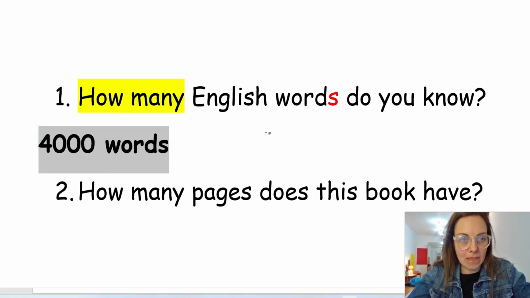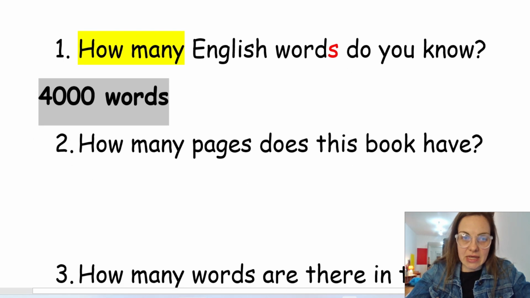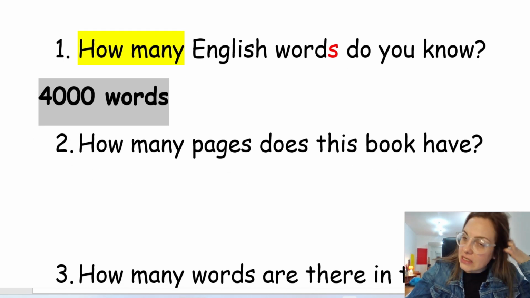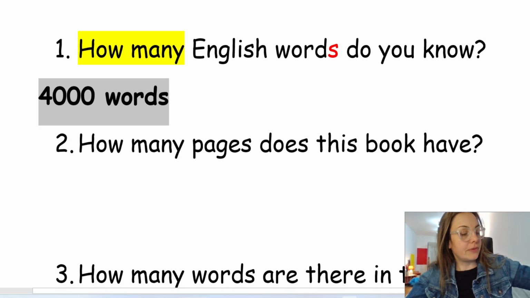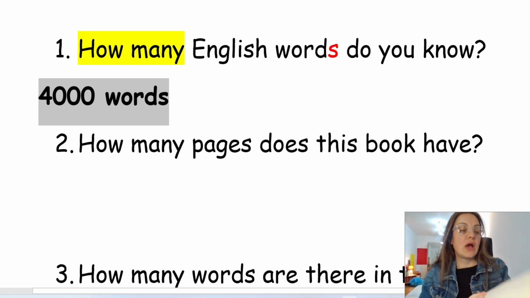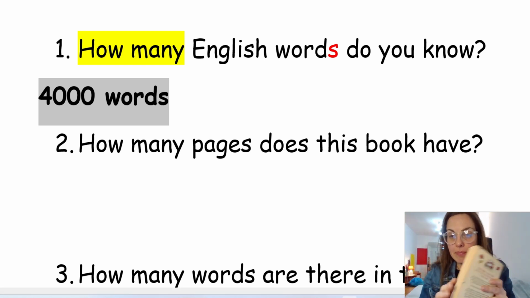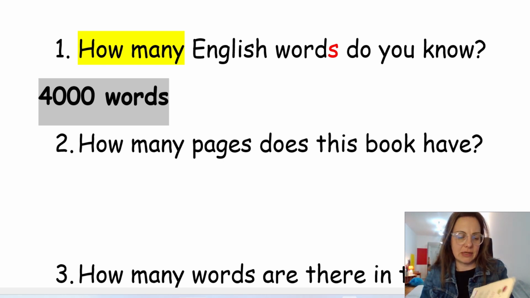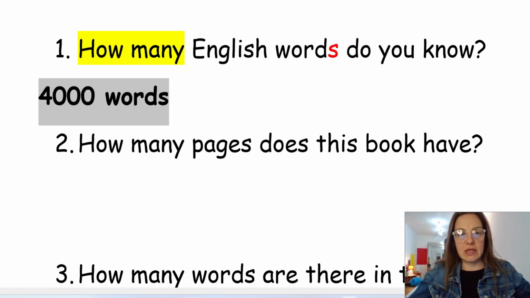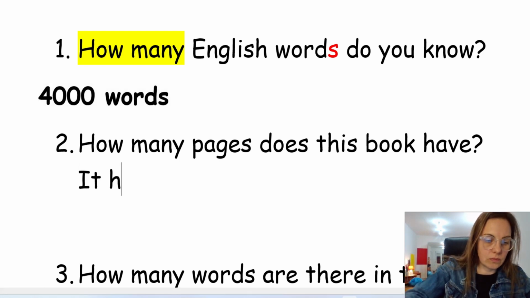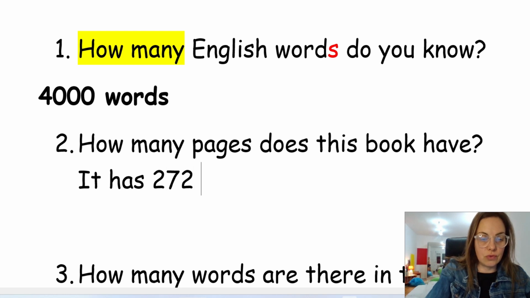The next one is, how many pages does this book have? For example, I have a book here. So how many pages does this book have? Let's see. It has 272 pages.